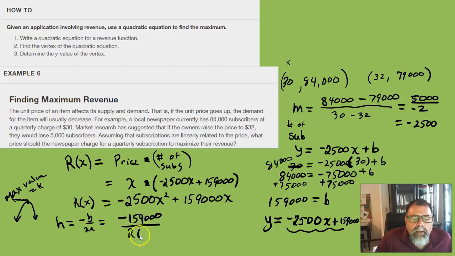And then 2 times A is the 2,500. So whatever, let's see, this would be negative 159 over negative 5,000. So that will be 31.8.